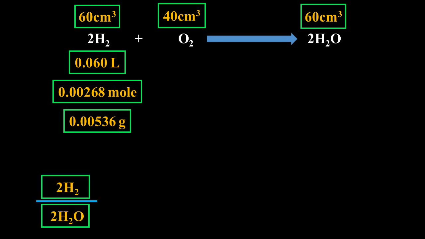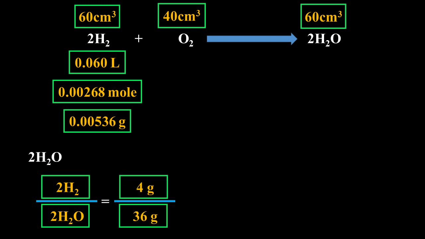So now I have my constant ratio of 2H2 to 2H2O. I know the mass of hydrogen. Now I can find the mass of the water. So my constant ratio is 4/36, and that's going to equal 0.00536 over x.